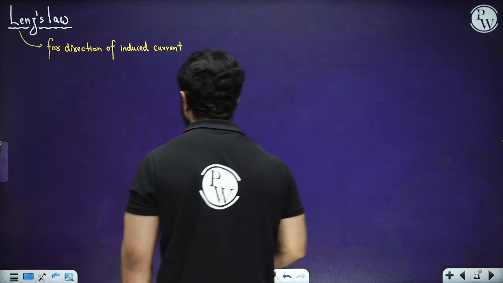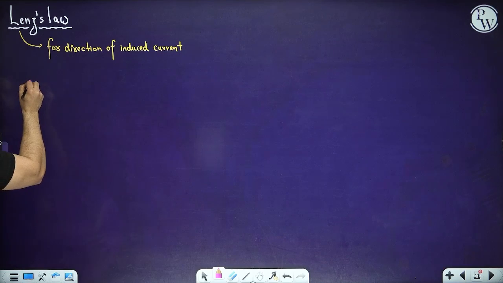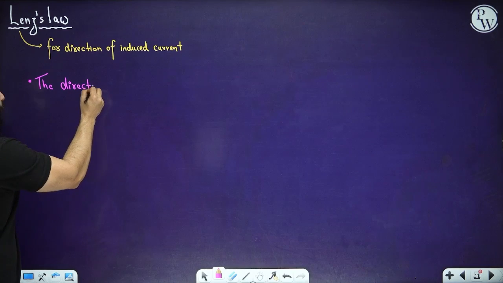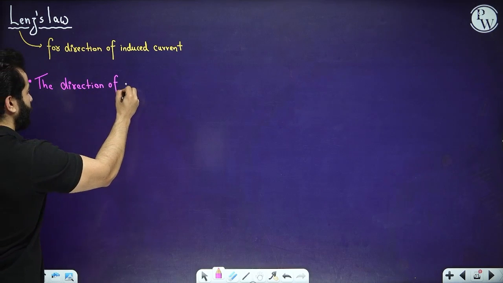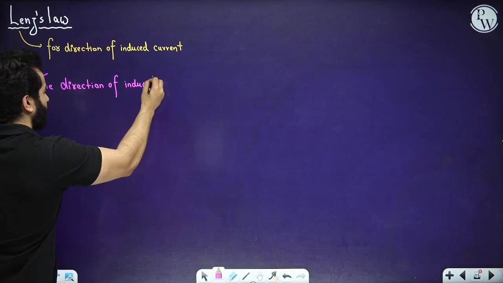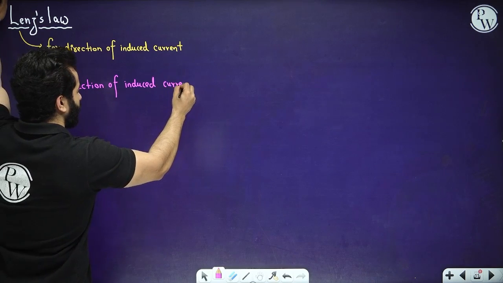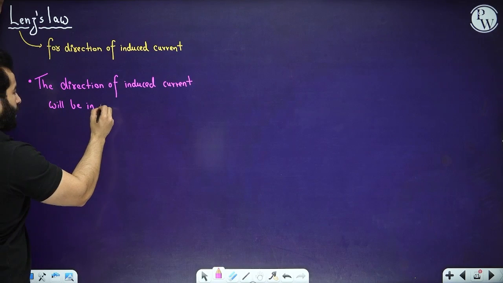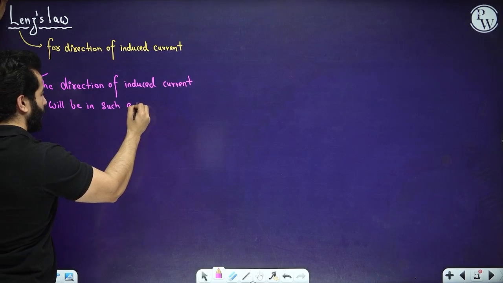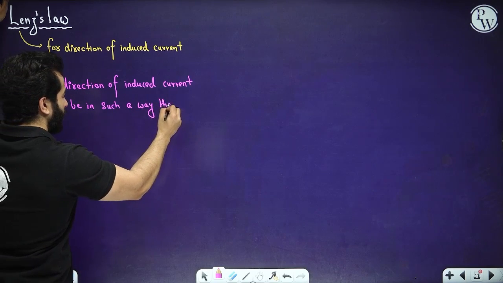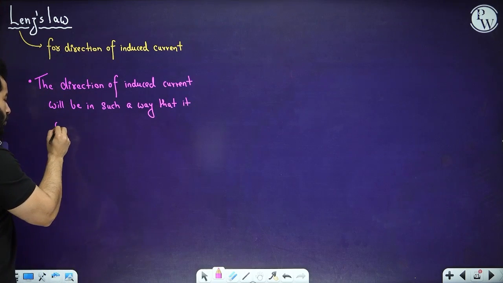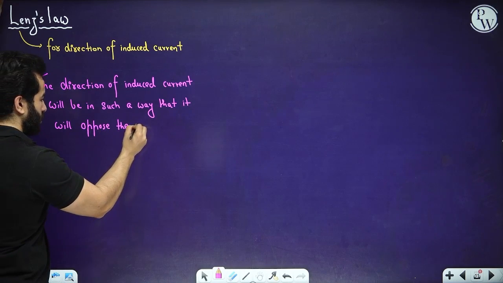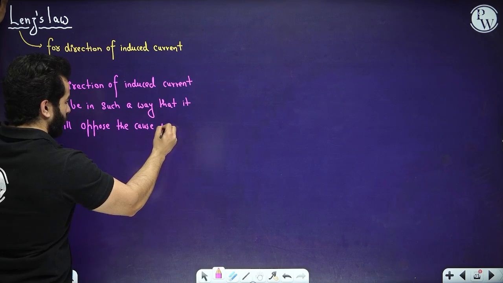This law basically says, according to this law, the direction of induced current will be in such a way that it will oppose the cause which has created it.